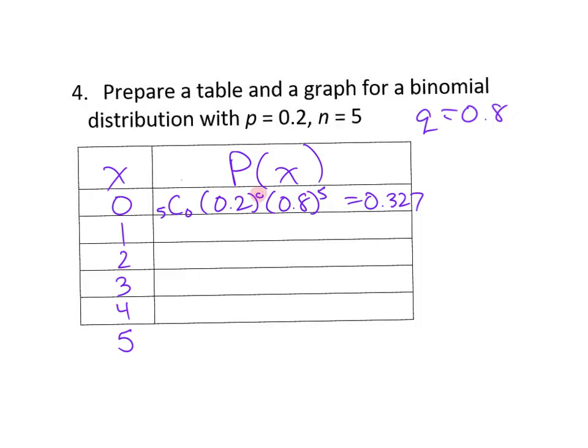To have 0 successes, I have to have 5 failures. And the probability of success is 0.2, and the probability of failure is 0.8. And that's how those numbers come about. So I have a 32.7% chance of having no success in 5 trials with this particular experiment.